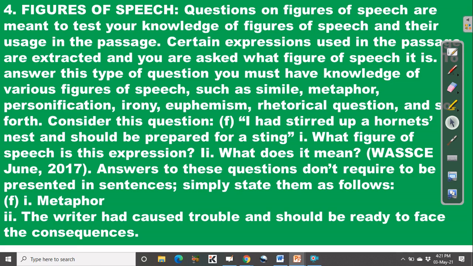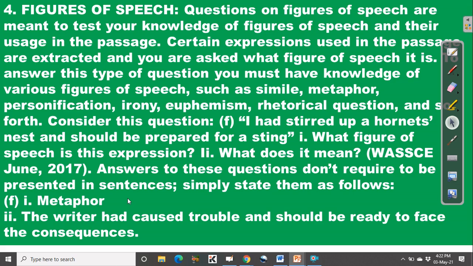So that is what metaphor is about. And when you use certain words or certain things to represent your experience, that is also metaphorical. So the answer is metaphor.